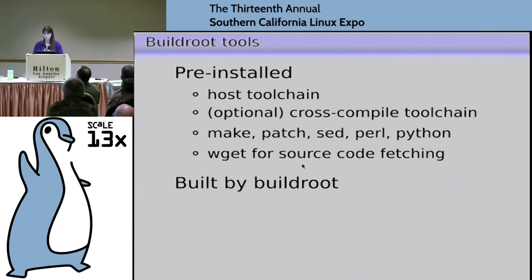And you need more, basically, what I would consider build essentials, things like make, patch, sed, Perl, Python, and it mostly uses wget for source code fetching, although there could be particular packages where you're going to want to have one of the source code control tools, Git or SVN, to be able to pull that.